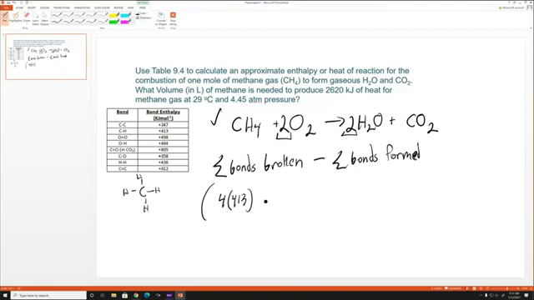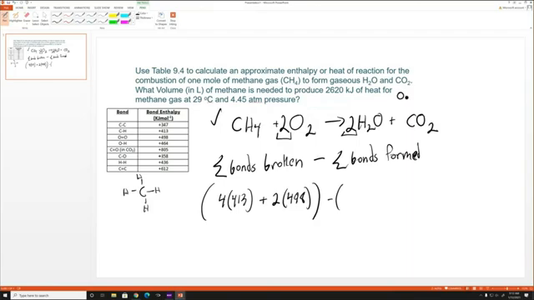So 4 times 413 plus 2, because you have this coefficient 2, times the O2 bond. And if you remember, the O2 bond is a double bonded oxygen, so that's 498. Okay, and we could put a big parenthesis around all of that, and that is our bonds broken, all of our reactants. Then we're going to subtract all of our bonds formed, which is everything in our products.